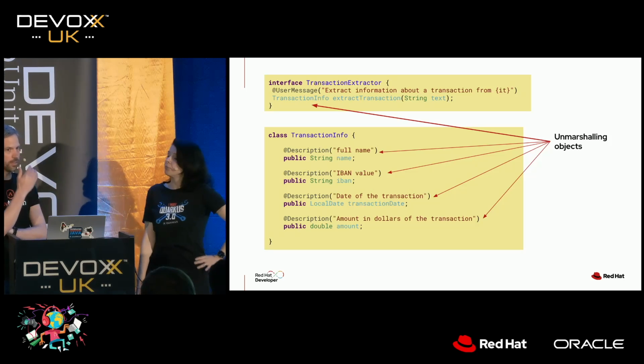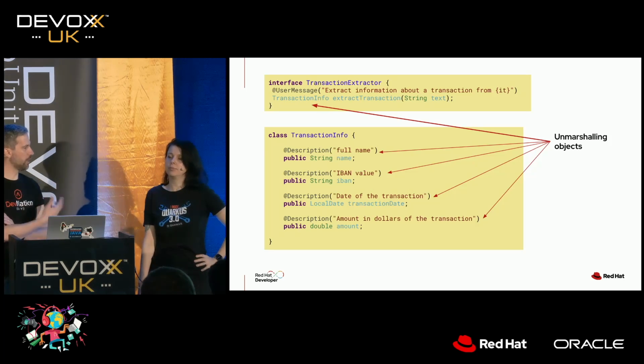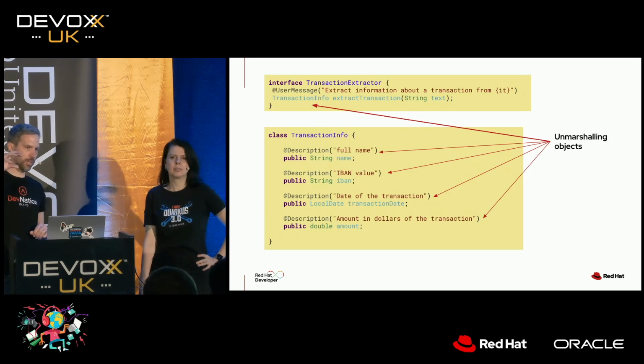This is where the logging also comes in really handy, because if you use this and look at the logs, you'll see that when you send your message to the LLM, the Quarkus application will append some more context in the system message that says, hey, we're trying to get this information about a transaction, format it as a JSON string, and that will be returned to us, and that's how we can marshal this to our Java object.